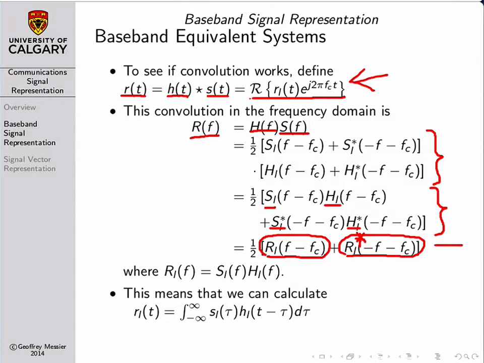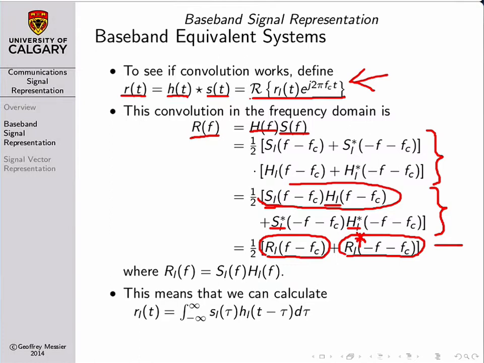So what this tells us, big picture, is that the multiplication of the baseband equivalent signal and the baseband equivalent of the system essentially completely defines the passband frequency response of our received signal.